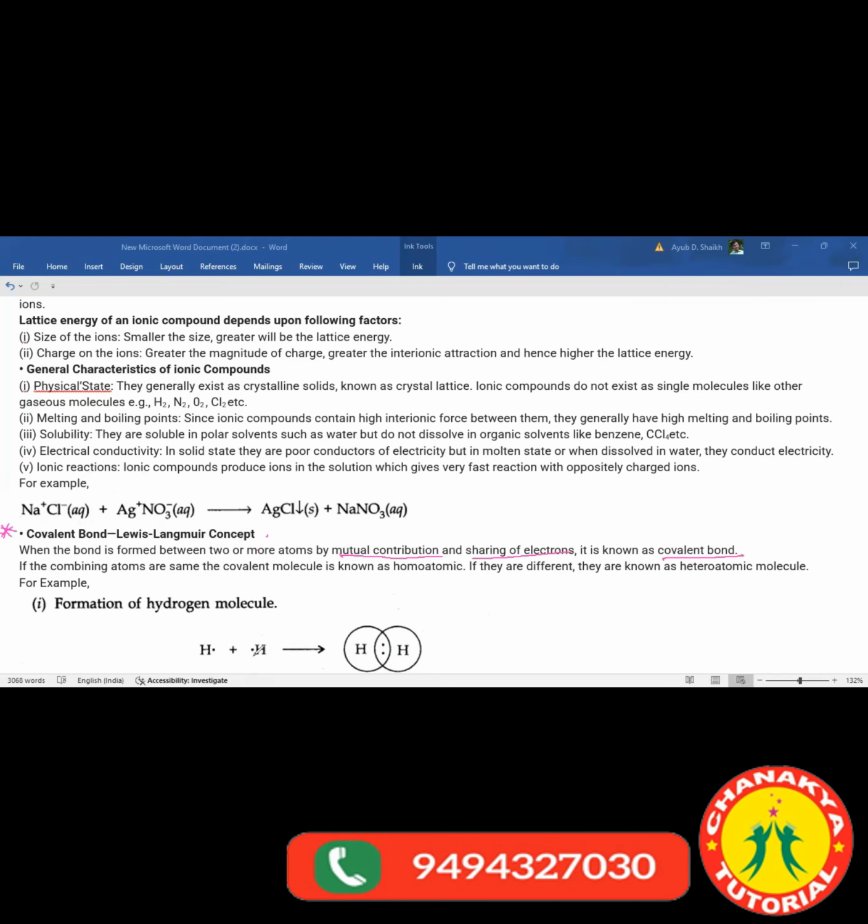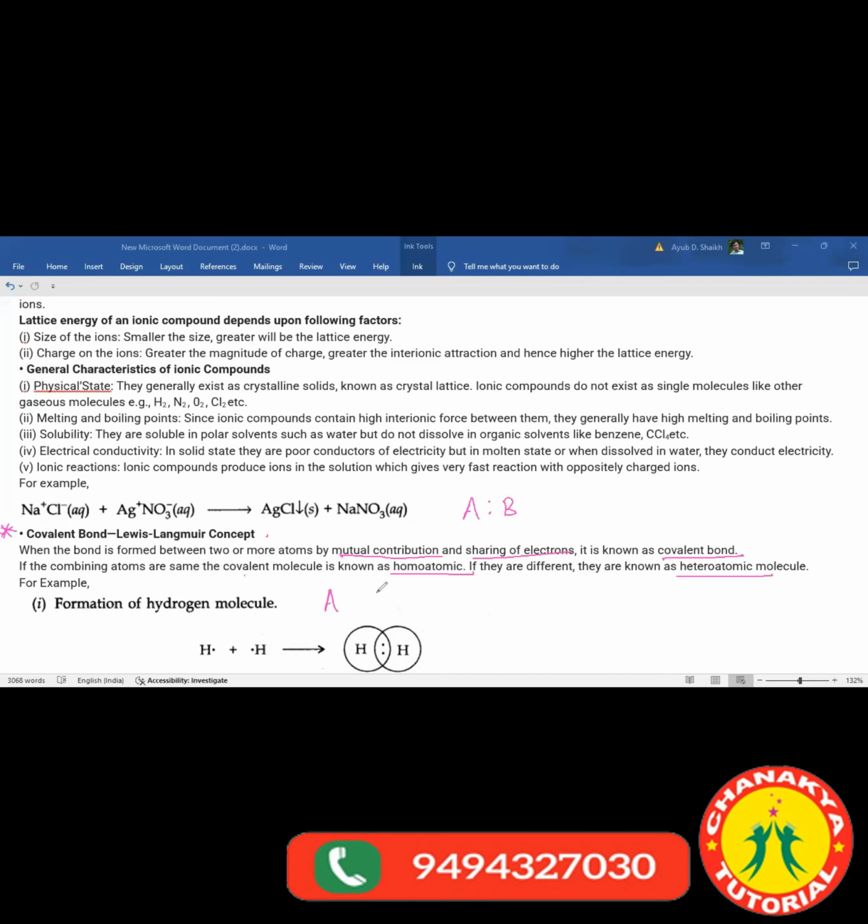Already I have explained it to you. And in this case, sharing happens equally. A and B both share an equal number of electrons for the formation of the bond. If the combining atoms are the same, the covalent molecule is known as homoatomic. If they are different, then it is called heteroatomic.